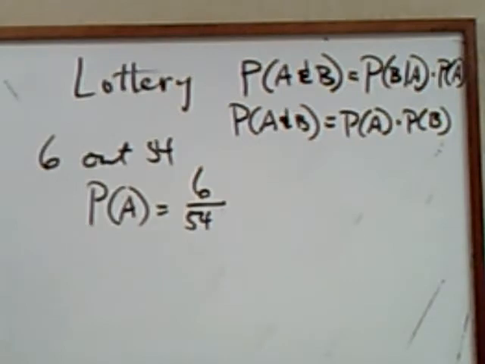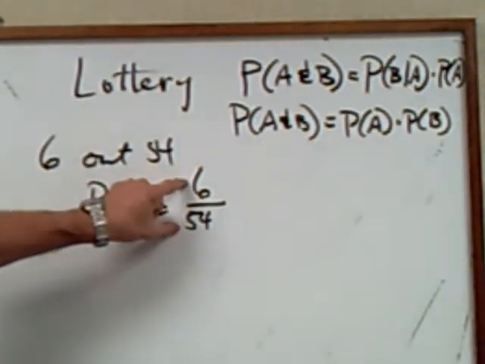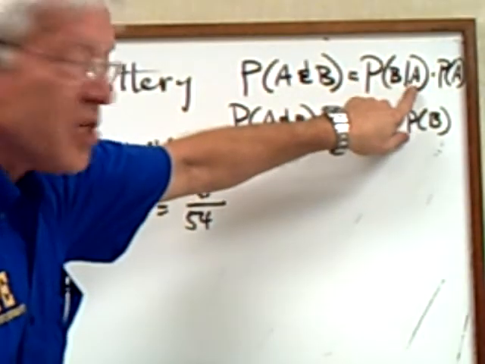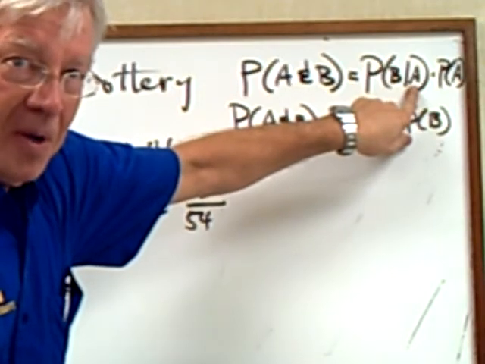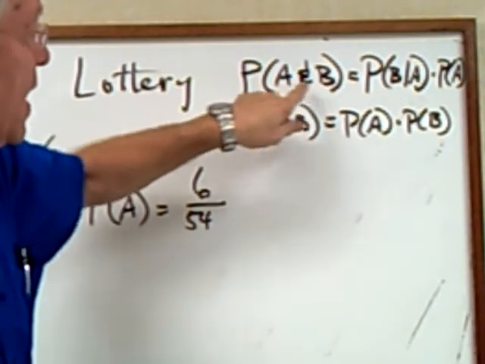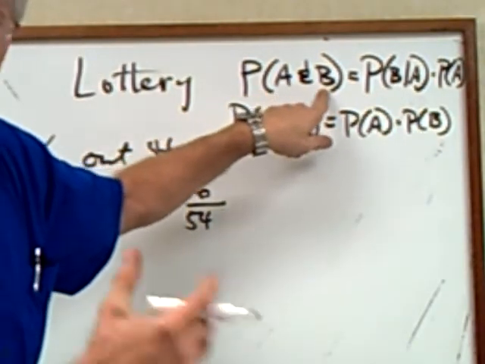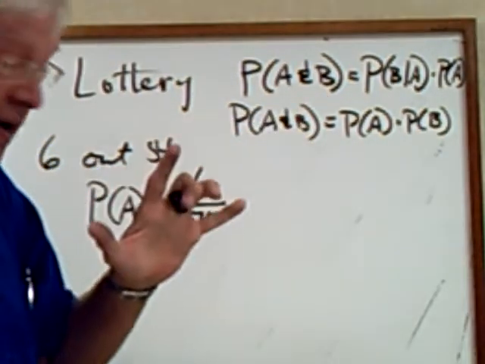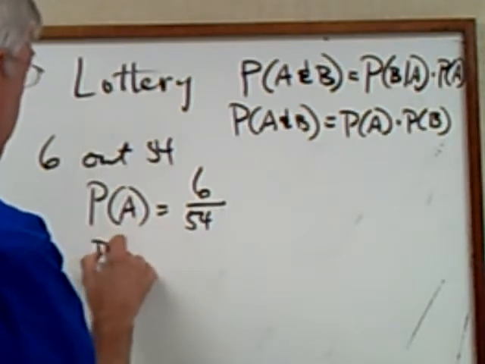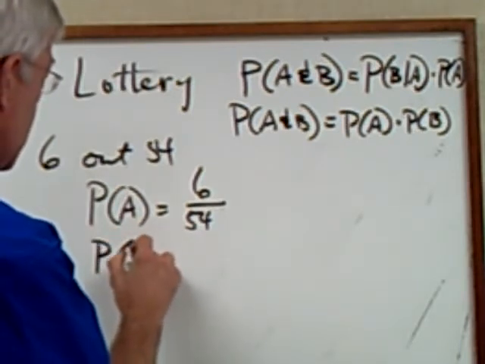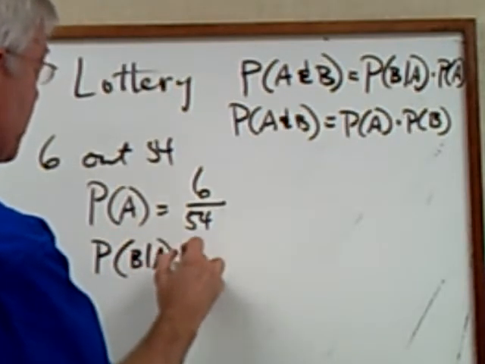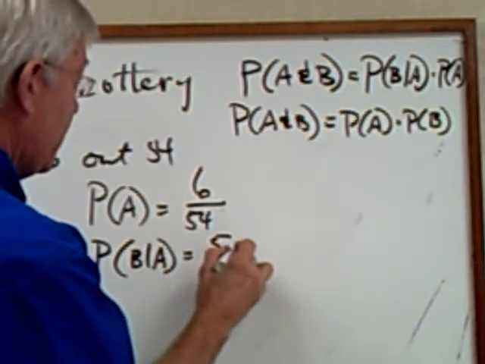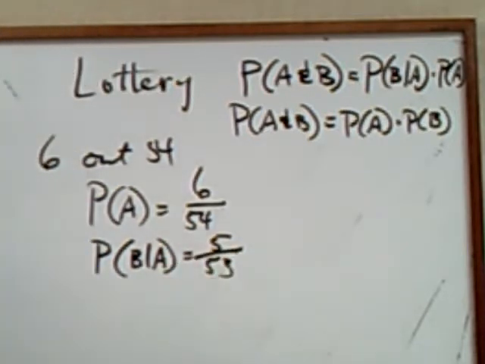Okay? Now, given that your first number got picked, what's the probability that you pick A and B, or one of your numbers is picked on the second one of your remaining 5? Well, the probability of B, given that A has happened, is equal to 5 over 53, right?